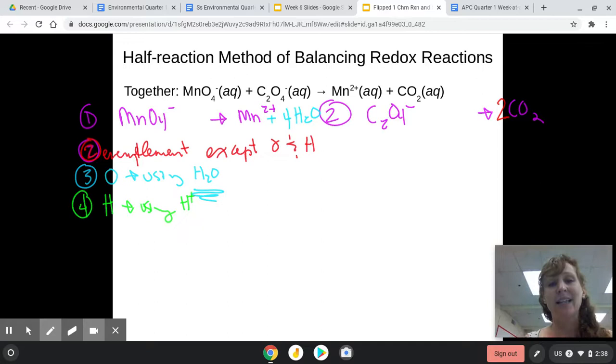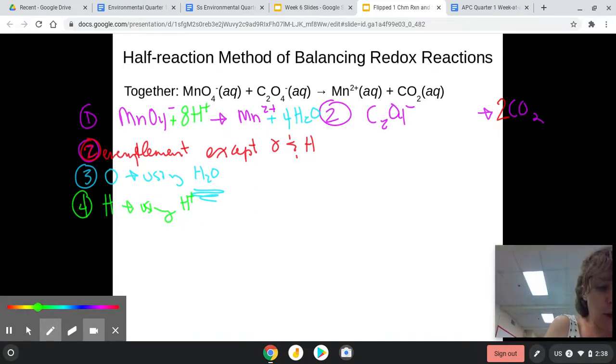So again, it's kind of like the water. It's there floating in the background, and if we need it, it's there for our convenience. Okay, so on the manganese side, I have 8 hydrogens on one side, so I need 8 H+ on the other side. And then in my carbon side of the equation, I actually don't need either.